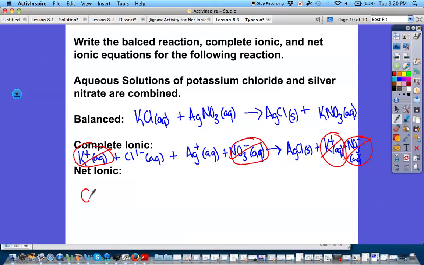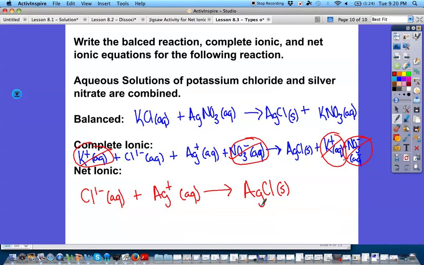And my net ionic is going to be silver and chloride forming silver chloride. And that is my net ionic equation.